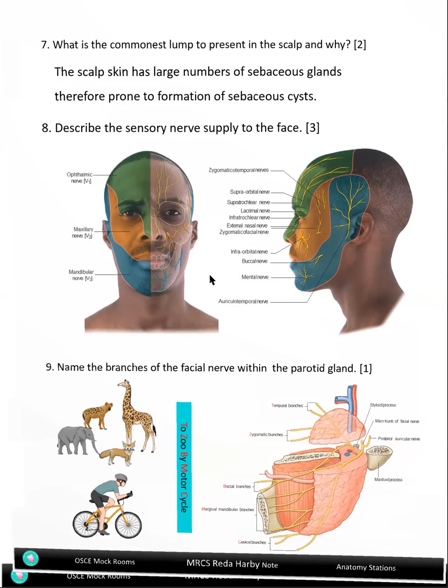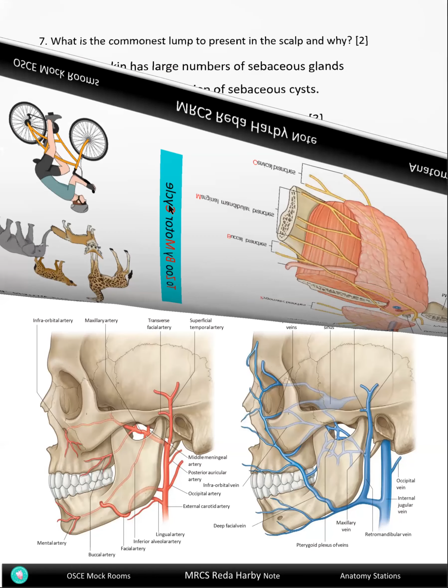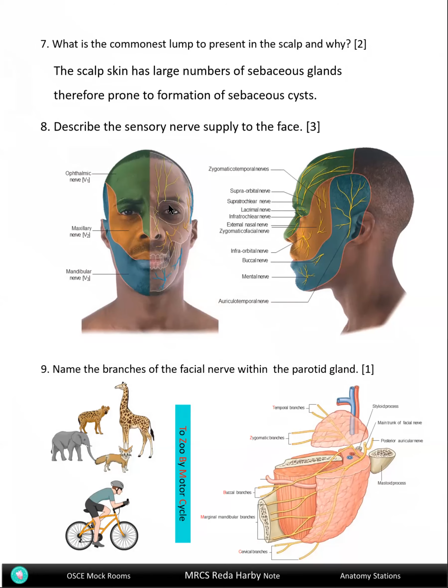Other questions? What is the commonest lump of the scalp? Sebaceous cyst, because there are a large number of sebaceous glands. What is the sensory supply of the face? From the trigeminal nerve, which divides into three branches: ophthalmic, maxillary, and mandibular. The ophthalmic branch supplies the face down to the upper eyelid and part of the nose.